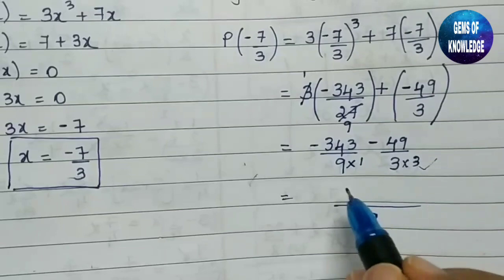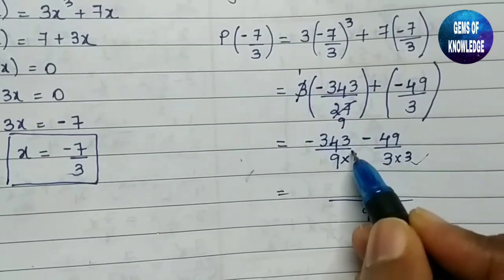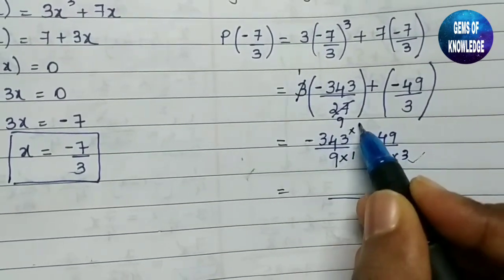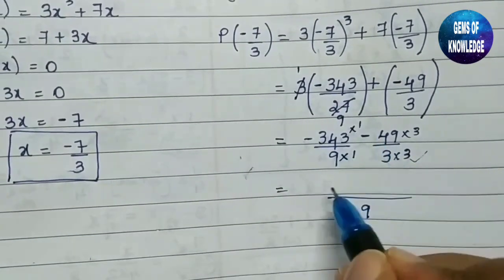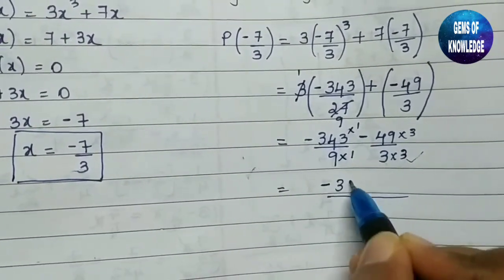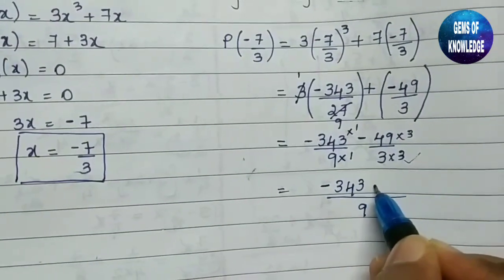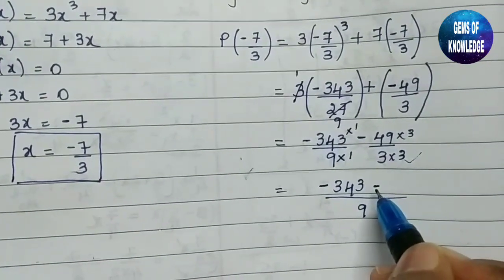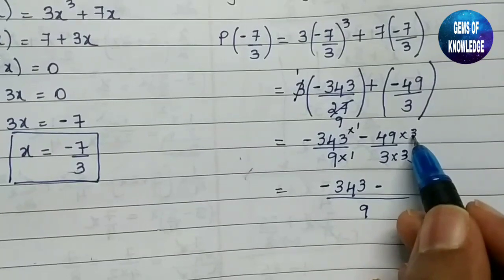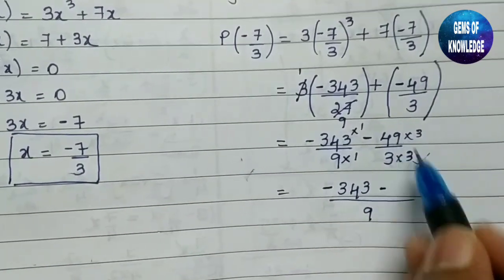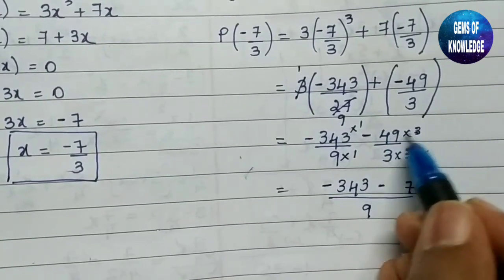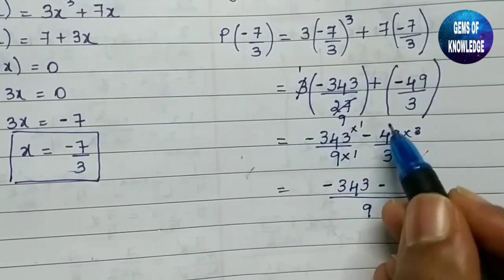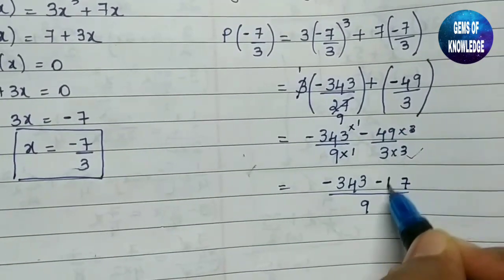So this one only will be multiplied here similarly. So 343 into 1 we are getting minus 343, and here minus 49 multiplied by 3, we are getting 3 9s are 27, 7, 2 will be remaining here, 3 4s are 12, and 147.